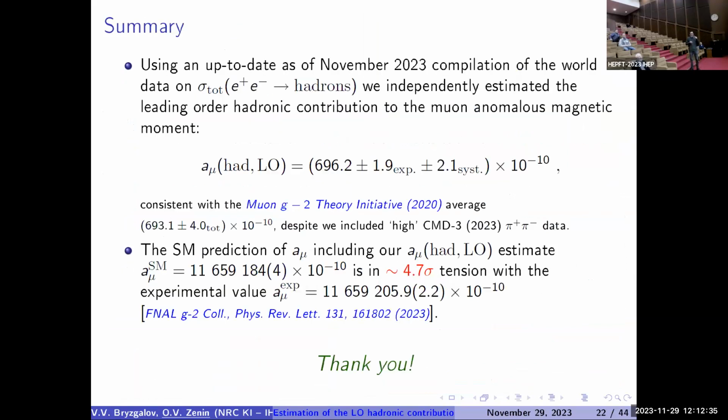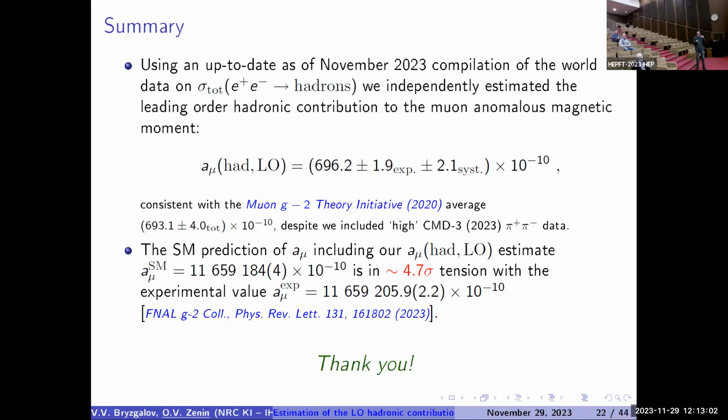Moving on to the conclusion. Once again, here's our dispersive estimate of the leading order hadronic contribution to g-2. Despite the inclusion of the new CMD3 data, it's consistent with estimates made by other groups previously.